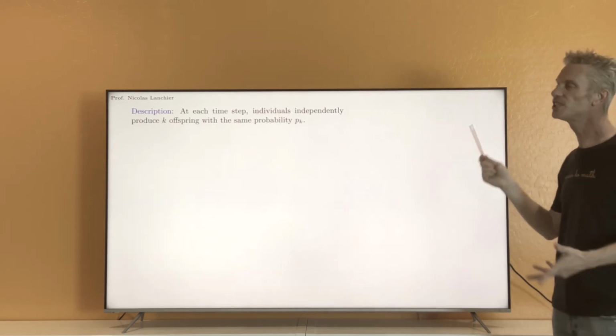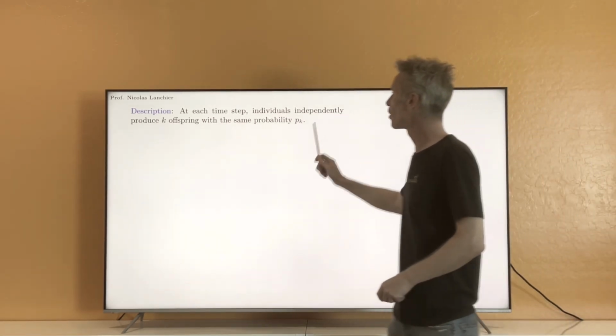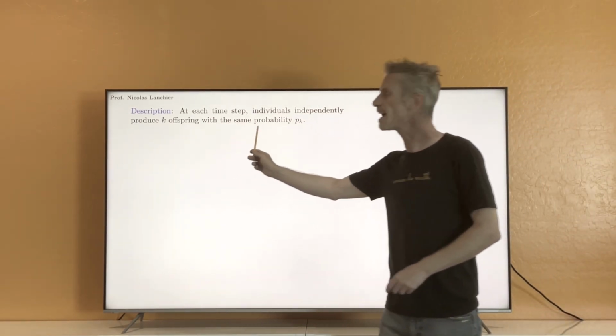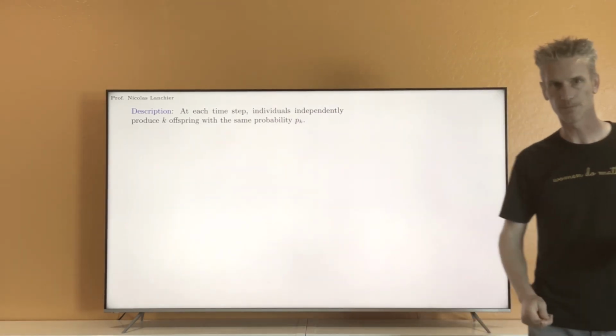You see two keywords in the description: the word independent and the words same distribution, same probability.